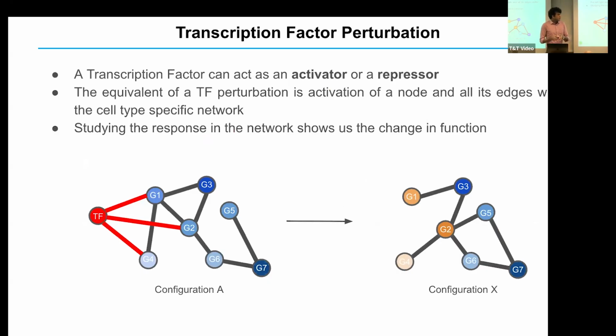Now that we have the control matrix, the start state and the end state, we need to push one cell type to the other cell type. That's basically what we program. What we see here is the same configuration that we had previously, and we add a specific transcription factor.